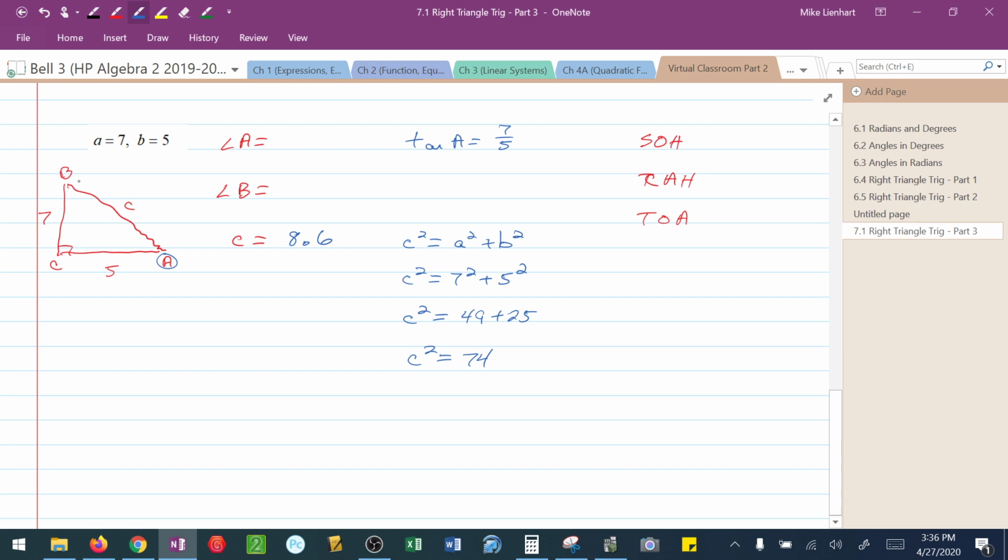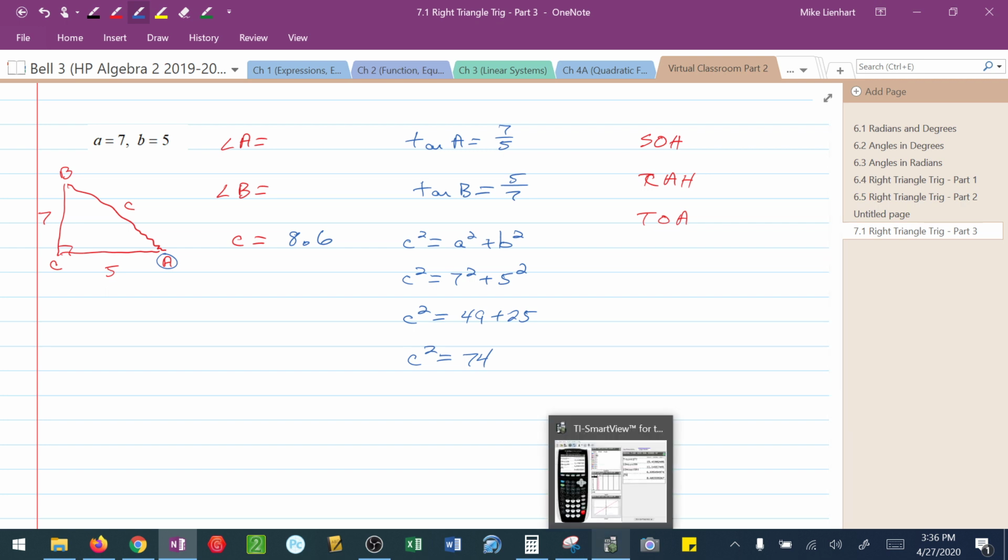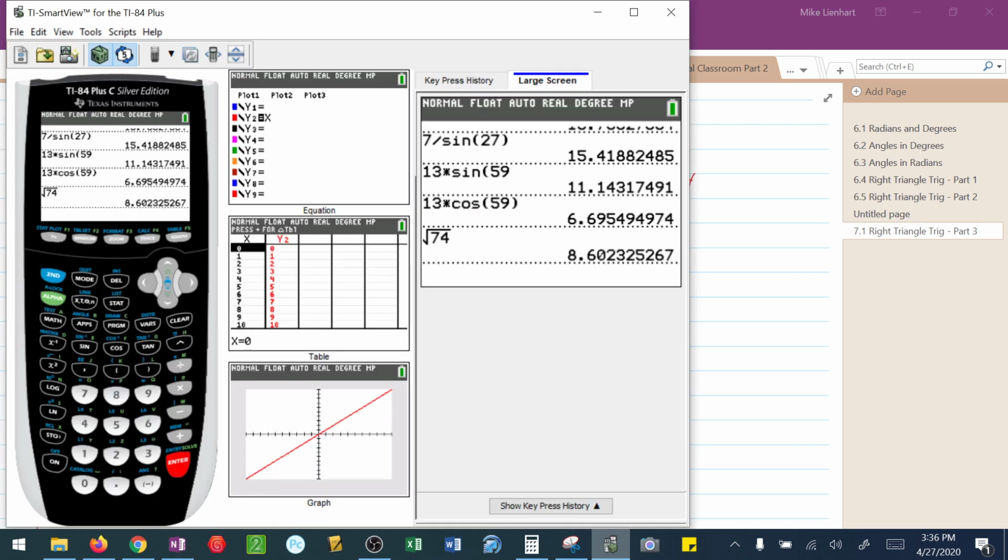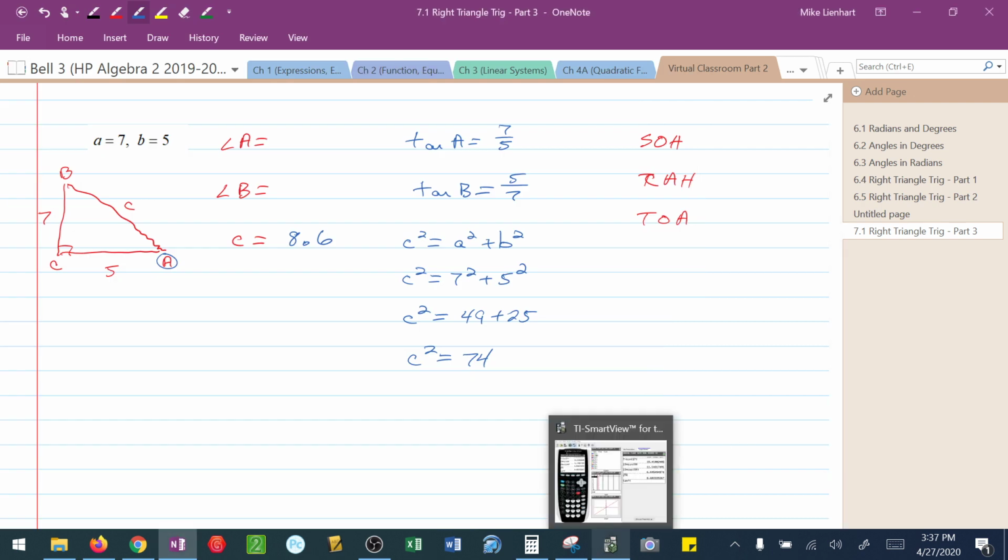To find angle B, I'm going to again use the tangent function, but the tangent of B would be 5 over 7. Now remember, from our finding of angles using trig, this is where we're going to use inverse trig. So the first one, I'm going to go the inverse tangent of 7 over 5.